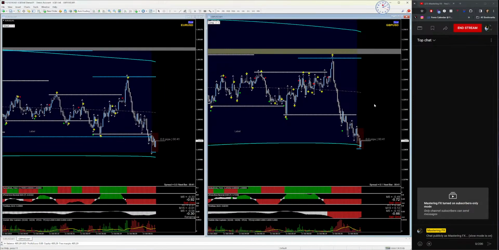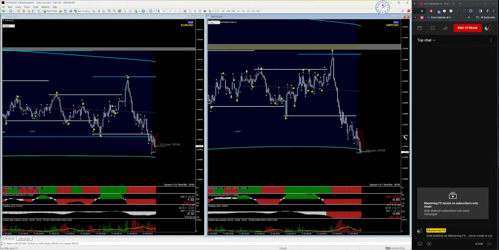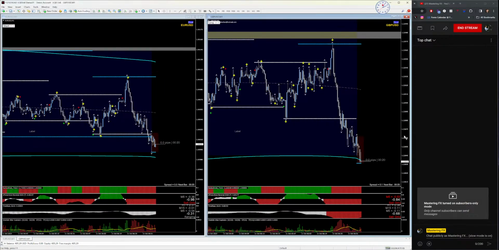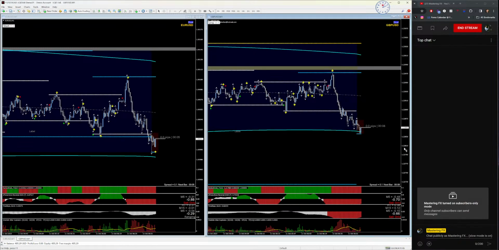I'll just see what price does, and we're just reacting to it. So it might not take the high, but at least take those highs out before it turns around.